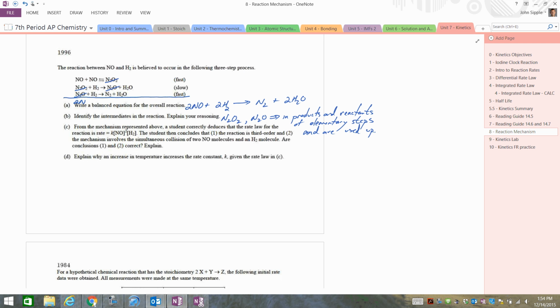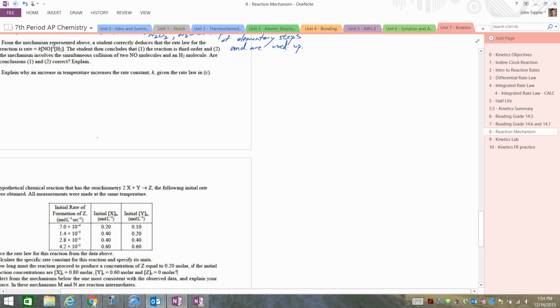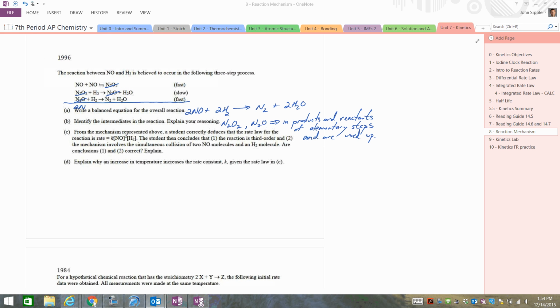All right, so the next part here is from the mechanism represented above, a student correctly deduces that the rate law is this here, rate is equal to K times this. What order is that? It's third order.